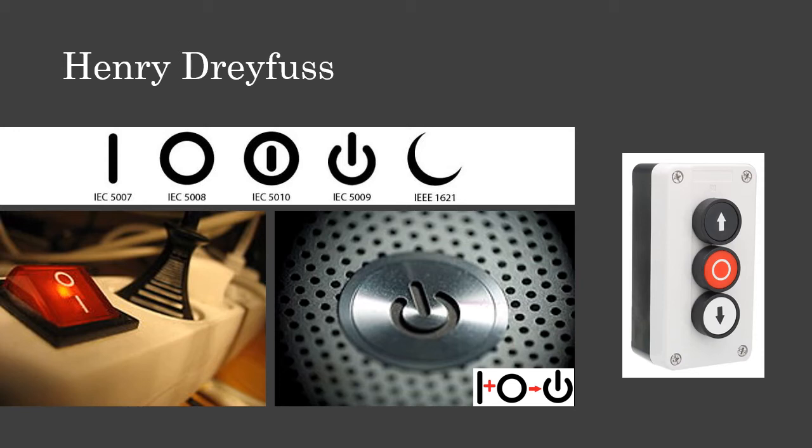So Henry Dreyfuss spent most of his career as an industrial designer, and he focused on creating machinery, and he became interested in the study of symbols because he felt like there had to be a more efficient way to design control panels for equipment, because traditionally they would write on the control panels things like on, off, up, down, stop, start.